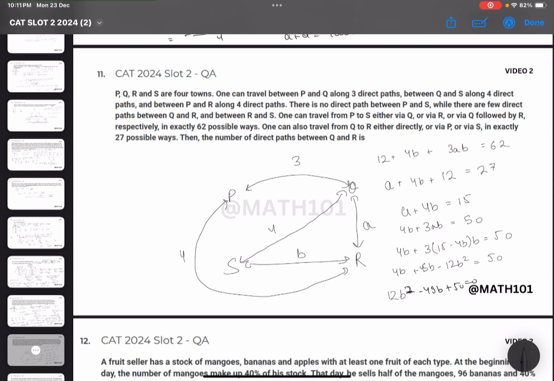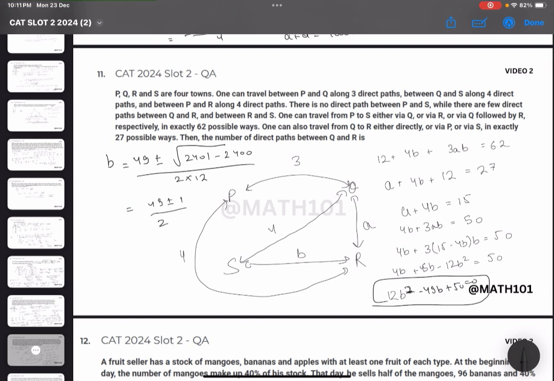We have to find the value of A. So using this quadratic equation, we get B equals 49 plus or minus under root of 49 square, which is 2401, minus 4 into 12 into 50, which is 2400, upon 2 into 12, which equals 49 plus minus 1 by 24. 49 plus 1 by 24 is not an integer, so we reject that solution.